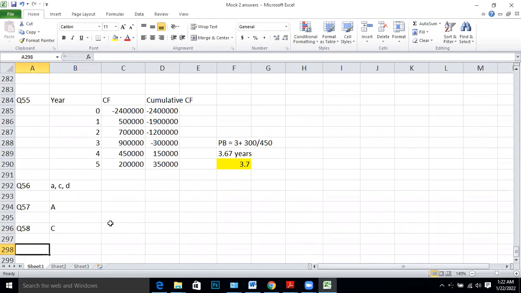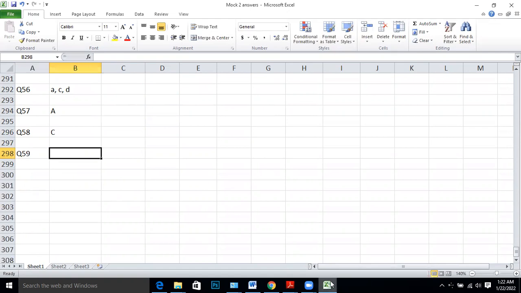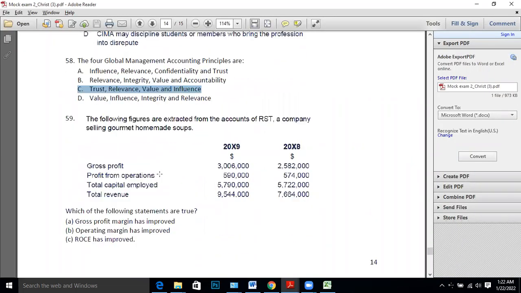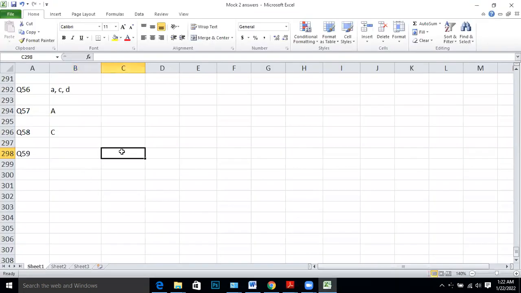59. These are straightforward theory questions from the first chapter of your syllabus. Which of the following statements are true? Gross profit margin has improved. We have to find the GP margin, 2009 and 2008.